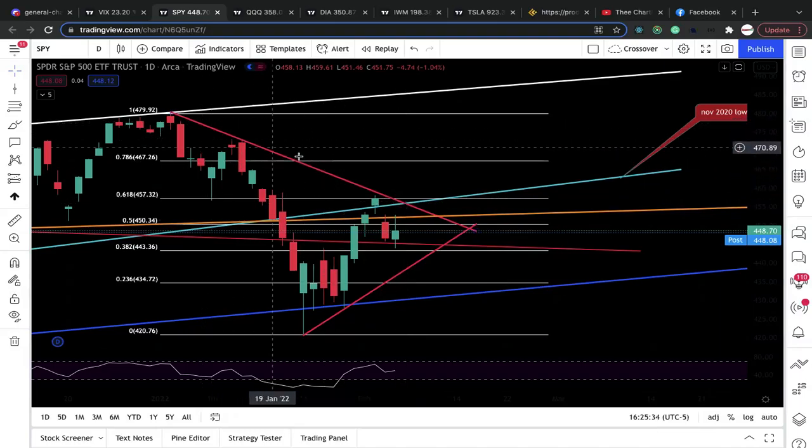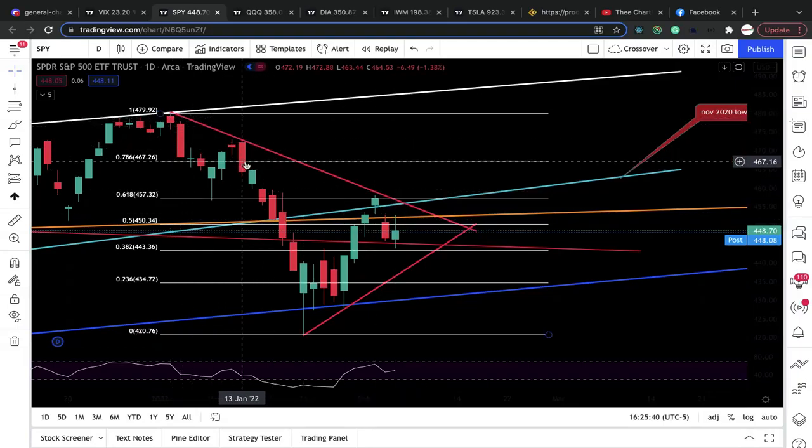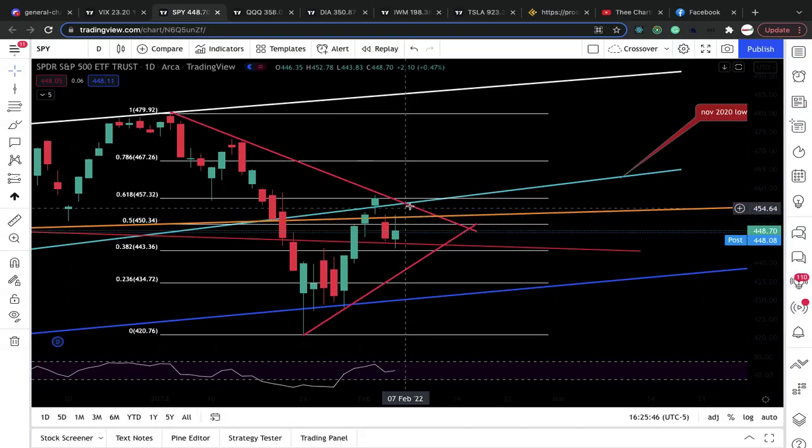Now you see this pink line right here? This pink falling trend line connects all-time high to January 13th's high. We're looking for the third touch. We almost had the third touch a couple days ago. And that third touch for Monday will be around 455.7. That will be the resistance level based on this pink resistance line that's part of this triangle pattern.